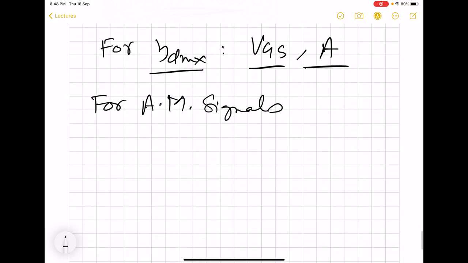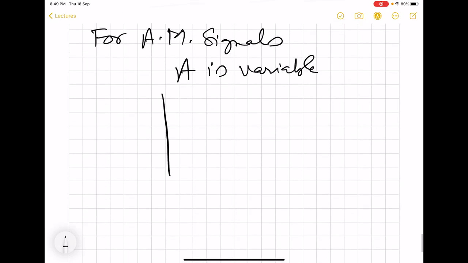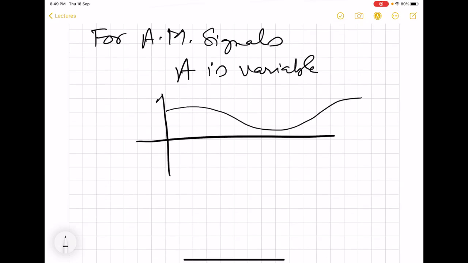But for an AM signal, an amplitude modulated signal, we know that A is variable. So we know that for an amplitude modulated signal, A itself is going to vary. So A is no longer going to be that value for which we got the maximum efficiency. And as time passes, the amplitude of the input signal is going to be smaller and smaller.